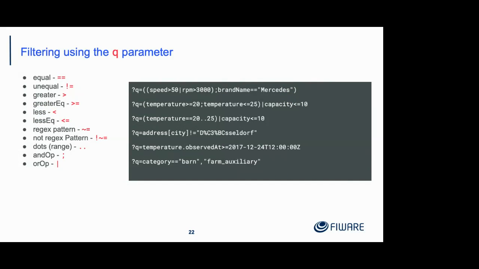Filtering using the Q parameter. This is one of the more powerful parts of using the context broker, and I've got the full list there.